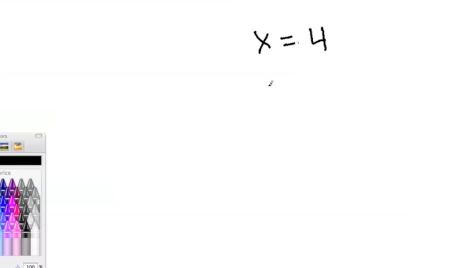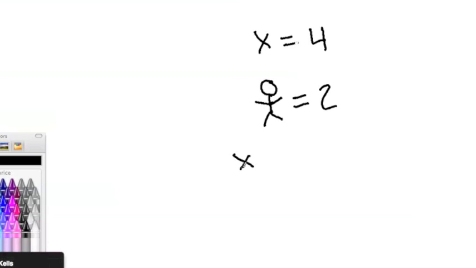So for our first variable, we're going to have x equals 4, and for my next variable, I'm going to have stick figure equals 2. So I'm going to come down here and I'm going to have my variable expression of x plus stick figure equals question mark.